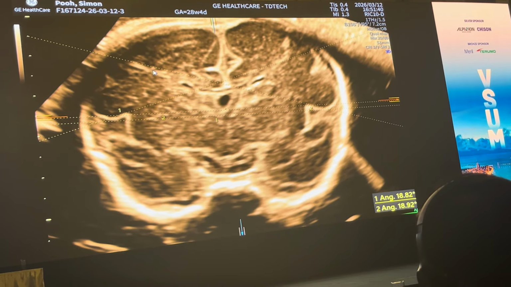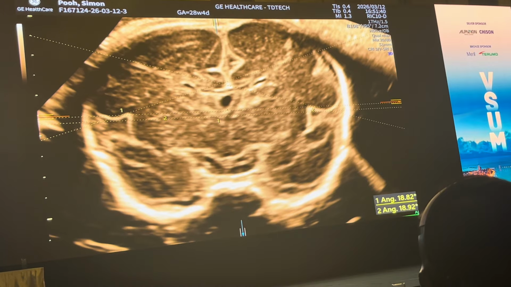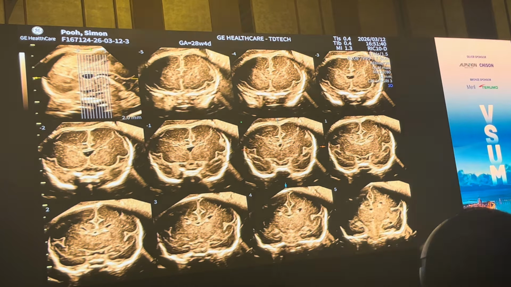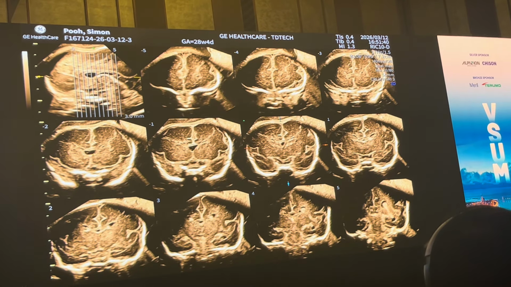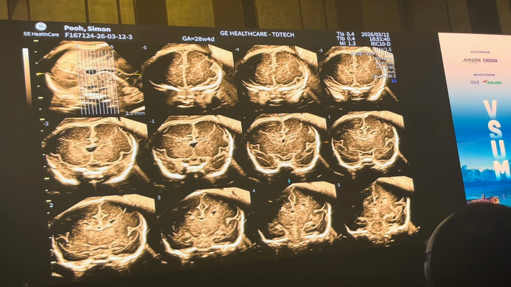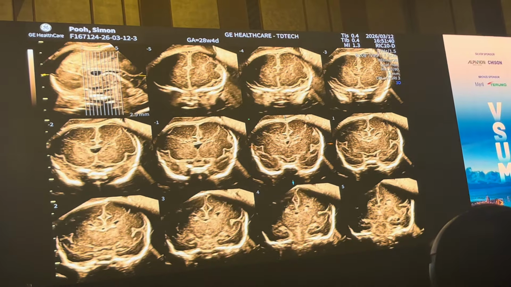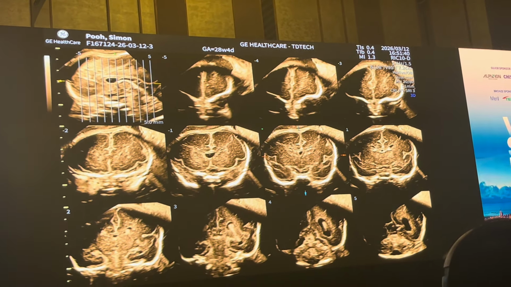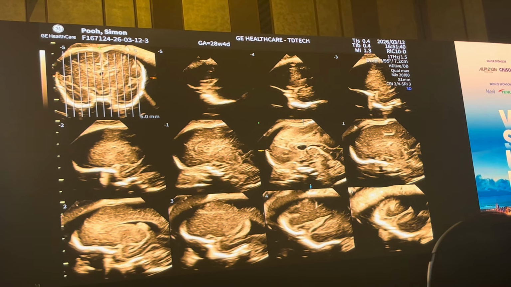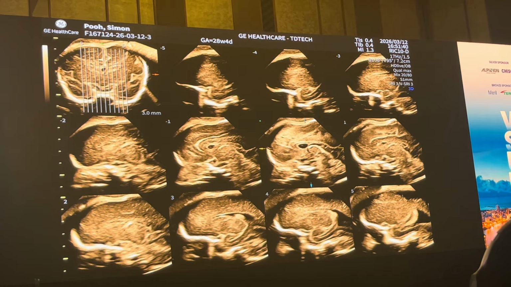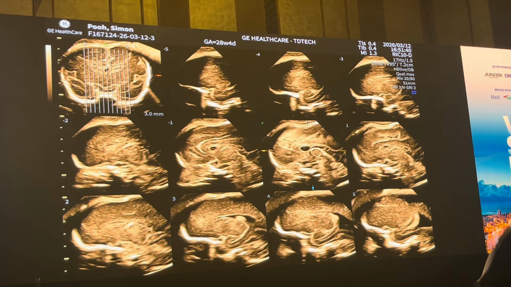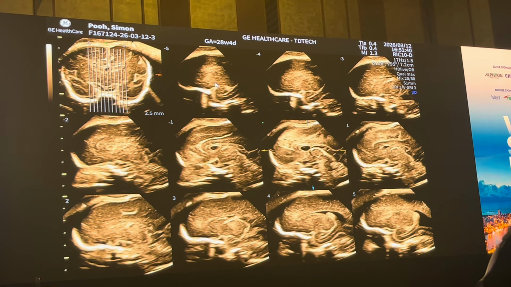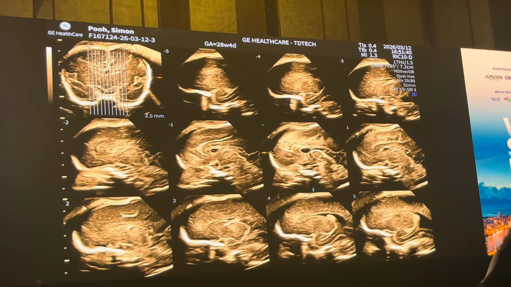Yeah, beautiful. So, okay, I think maybe my routine is like this. I look at the baby's brain from the front to posterior, and also here you can see, this is not a very good image, however you can see this one.